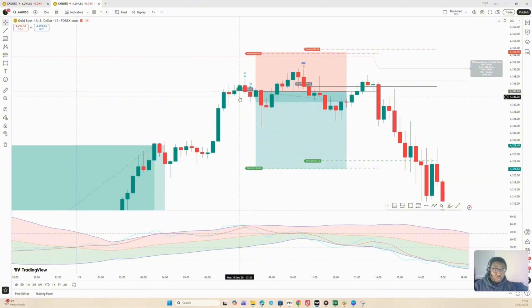However, what I was also explaining about the grid system is that when this shark fin comes up at this zone, and the market moves up to this one, let's say you set your grid step to be 150 pips or 100 pips.